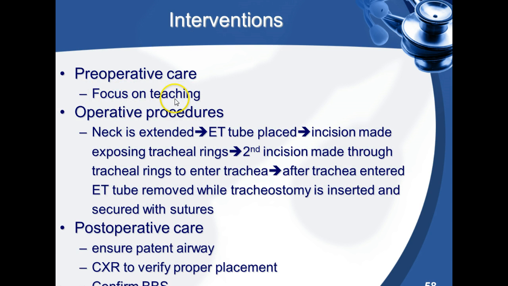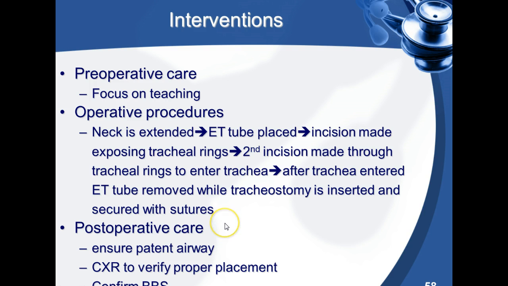So for pre-op, you just have to focus on the teaching aspect. Neck is extended, ET tube is placed, incision made exposing tracheal rings, second incision made through the tracheal rings to enter the trachea. After the trachea is entered, the ET tube may be removed while the tracheostomy is inserted and secured with sutures.